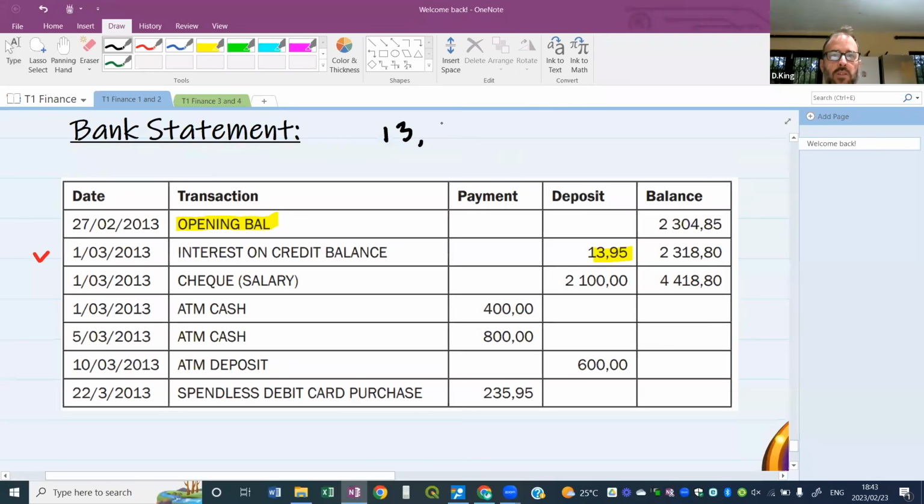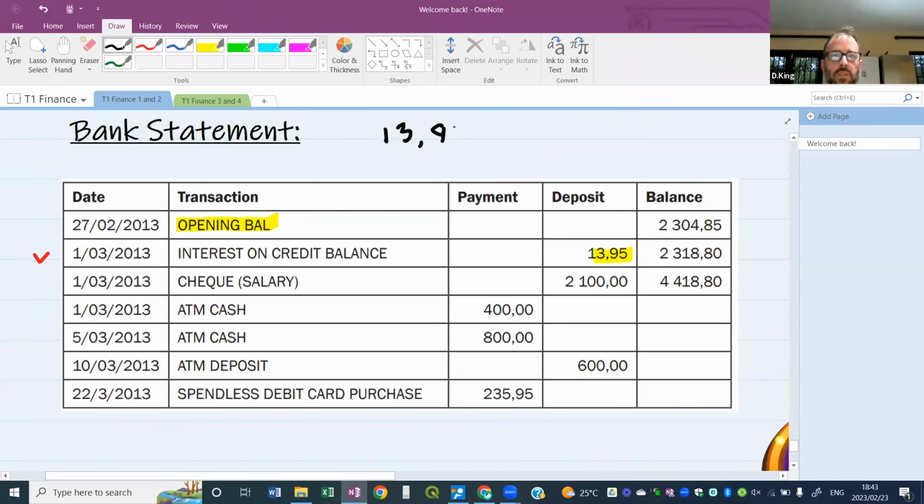So we say 13 Rand 95 and put it over 2,304 Rand and 85 cents. That's going to give us what this 13 Rand 95 out of 2,304.85 is as a portion.